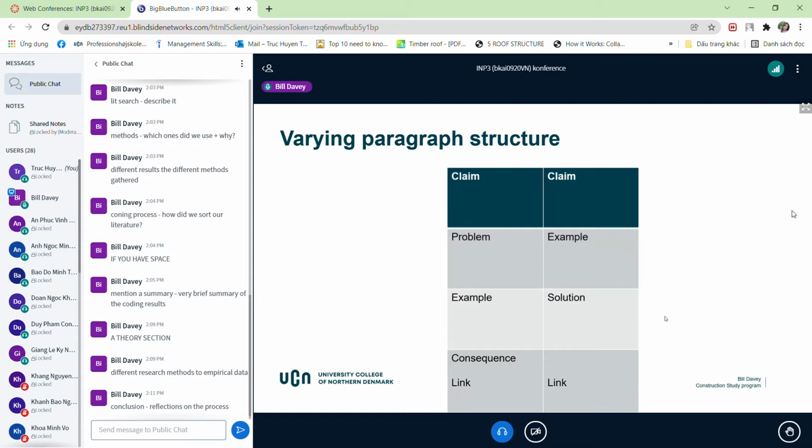So let's take an easy example. I think it's a lovely day. All right, that's my claim. If I were writing in an academic way, I might write, it's a delightful day. It's still a claim because it's still not supported.